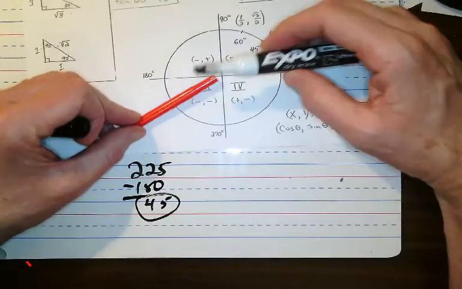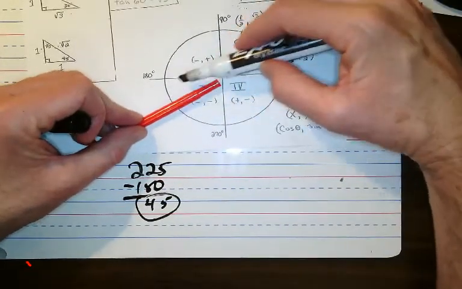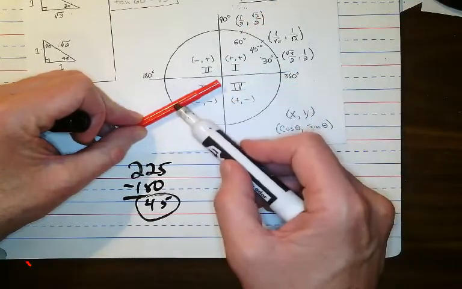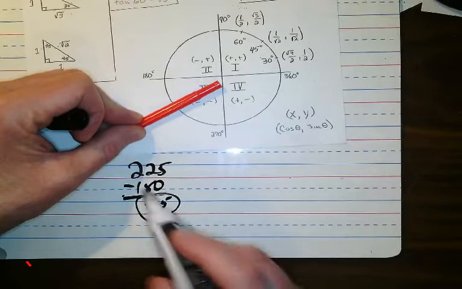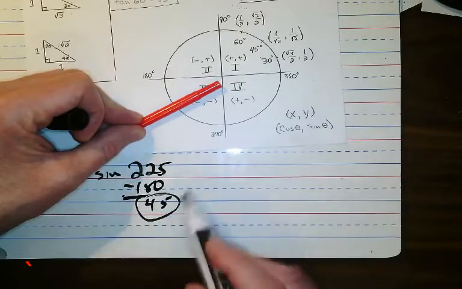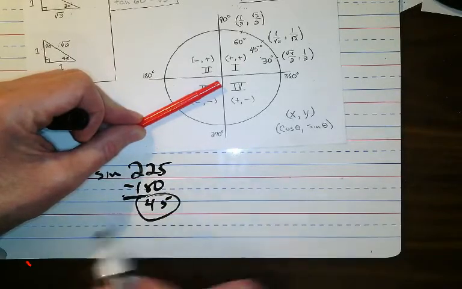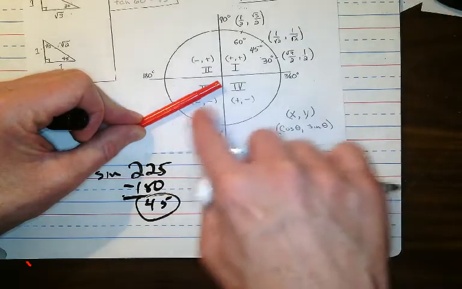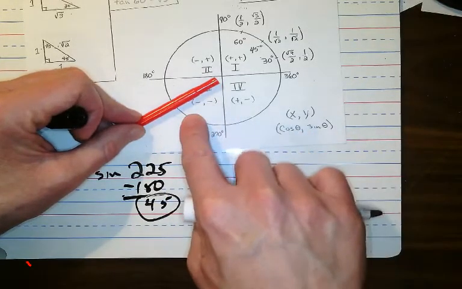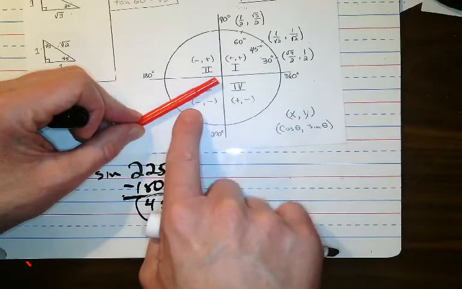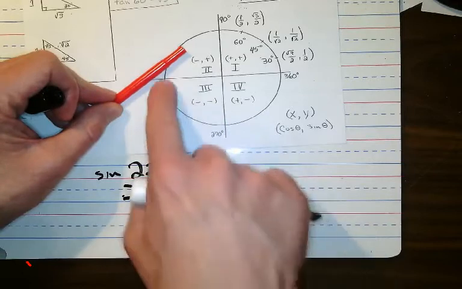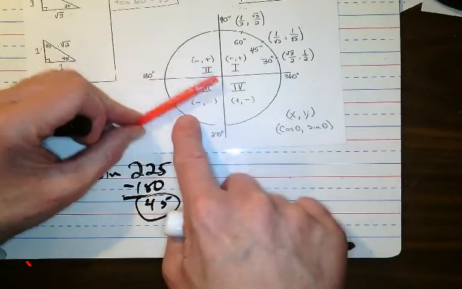So I know this angle right here is 45. I know all the way around is 225. So if I'm looking for the sine of 225, I know that it's going to be down here in this part of the world. Well, what happens over here? The x value and the y value are both negative. Down here in this quadrant, negative, negative, right?